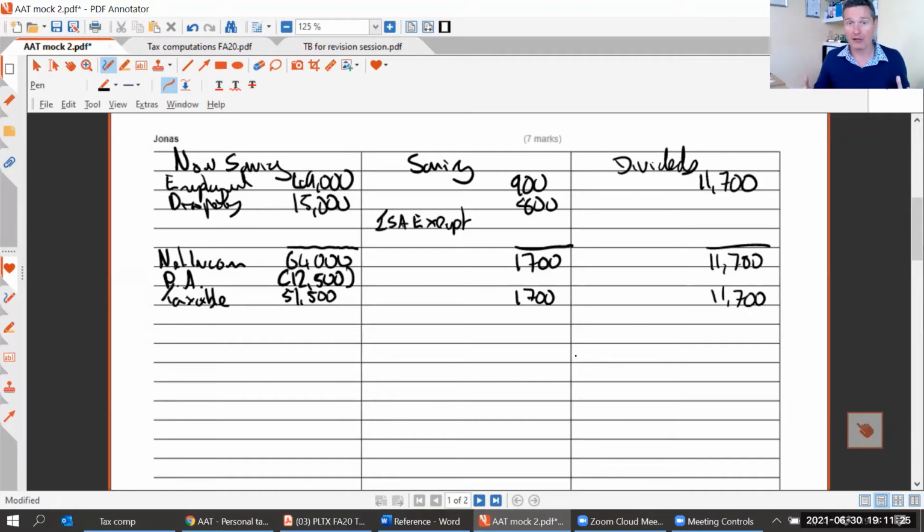Anyone want to tell me what the basic rate band is off the top of your head? That was quick. I even got the question out at that point. And how much are we going to tax it at? 20%. Yeah, so obviously his income is over and above that. So 37,500. I actually know what this is.